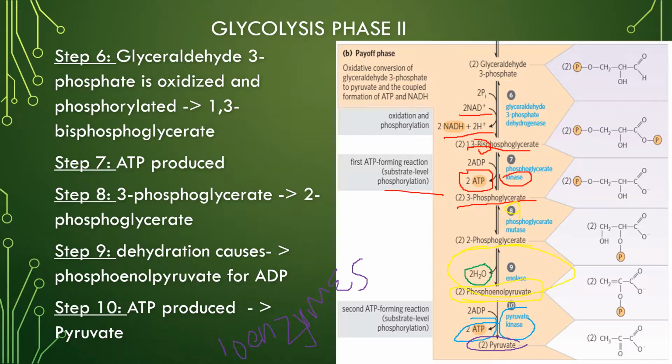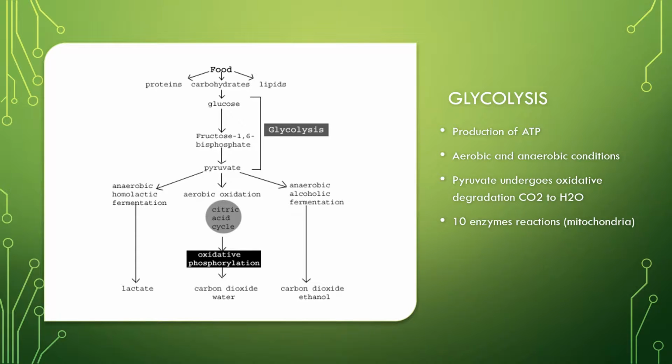Okay, so going on, the main goal of glycolysis is to produce ATP. Now, mind you, the ATP produced in glycolysis is not much. Okay, so there's not much ATP made, and there are 2 forms of it.